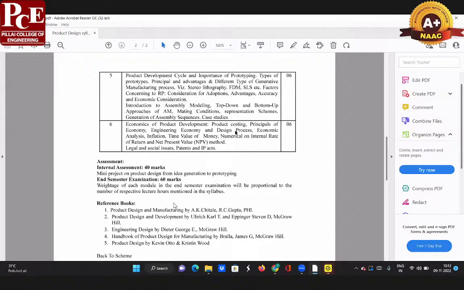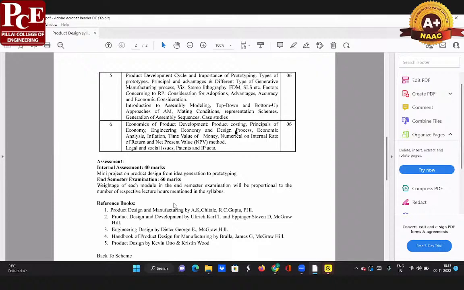Then the last module covers the economics of the product, because finally it is economics. Whatever we produce, it should be economical. Let's say you are given two different products, product A and product B. Which product is better, or which is the economical one? There are different engineering economic principles, and under this, the time value of money. Time value of money is, let's say today it's 100 rupees.